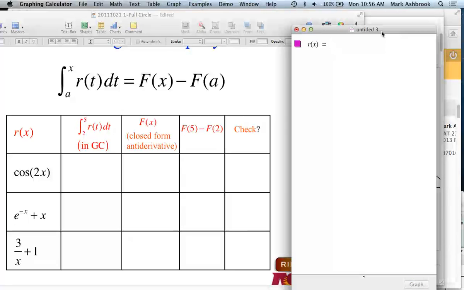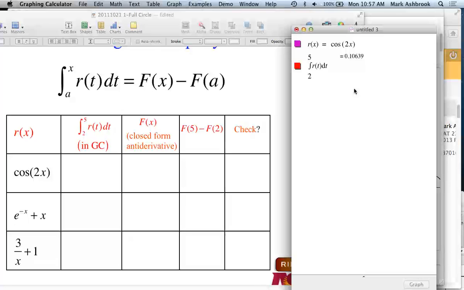We'll start out with r of x equals cosine of 2x, and we can just change that. Then we'll have the open form accumulation from 2 to 5, which is the integral, control shift I, the integral from 2 to 5 of r t dt.